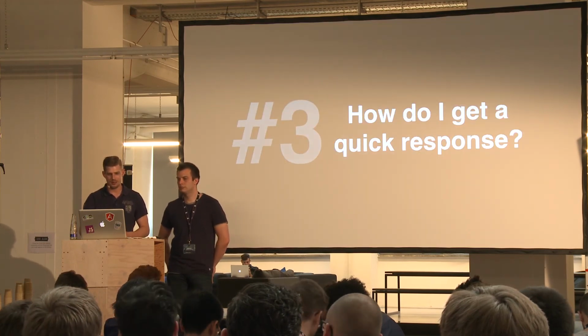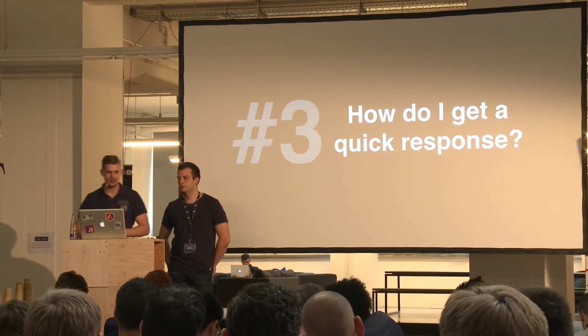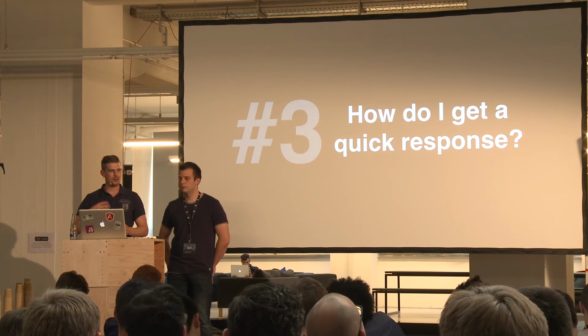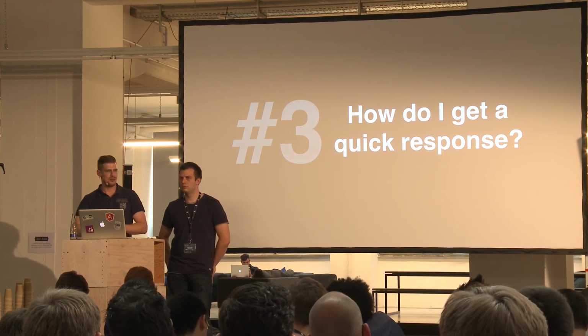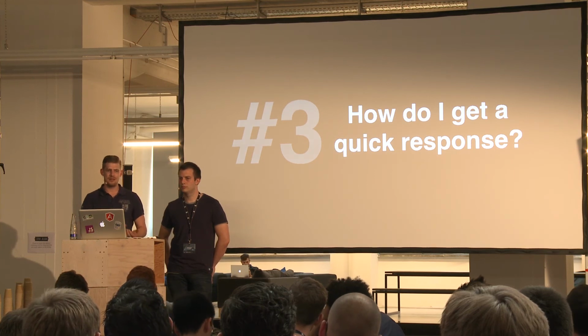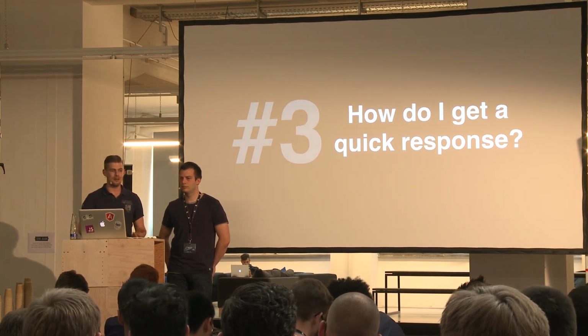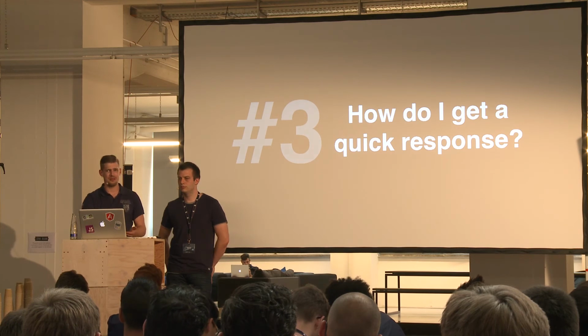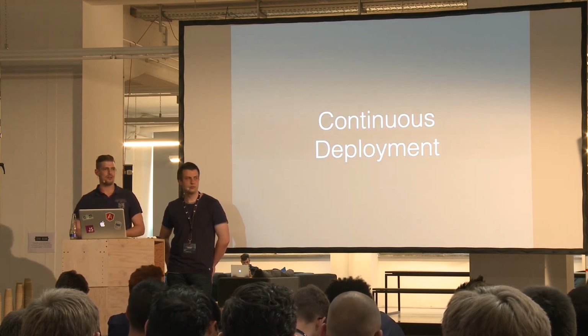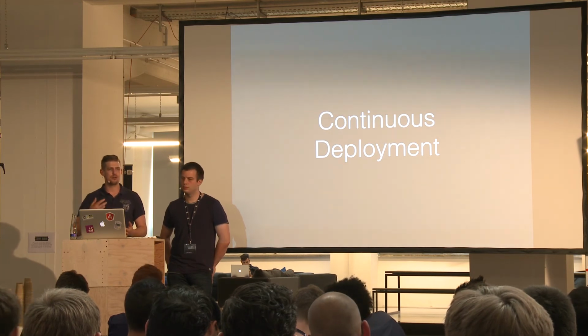So the third and last question is, how do I get a quick response? We are talking about user response and feedback, but there is a base which is strictly required, or recommended, I'd say. And this is continuous deployment on your project.